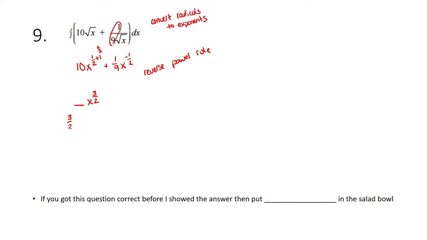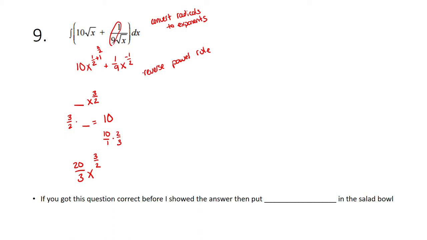So 3 over 2 times what is my original coefficient? That's the same thing as saying you can do 10 divided by 3/2 if you want to be lazy, or you could do this times 2 over 3. That's going to give me 20 over 3x to the 3/2 power as my first term.